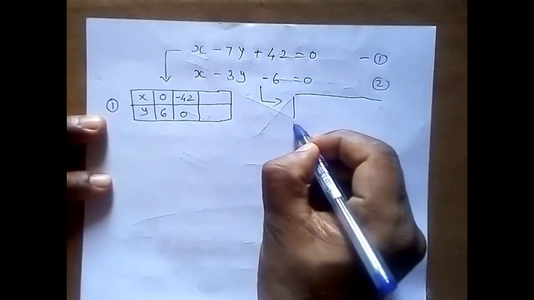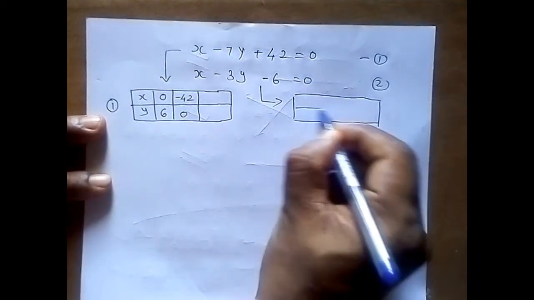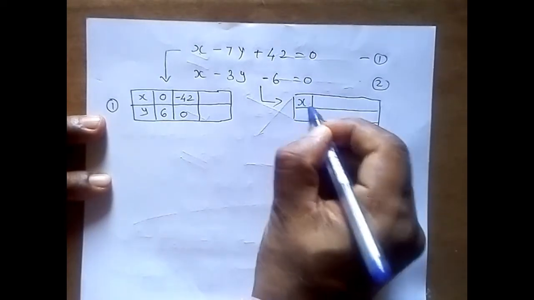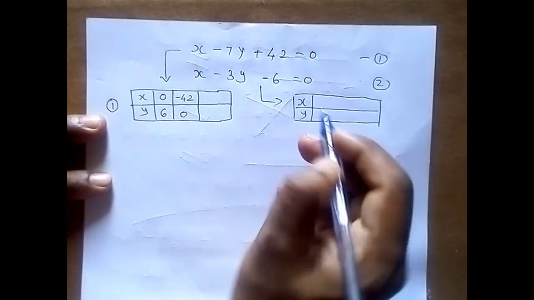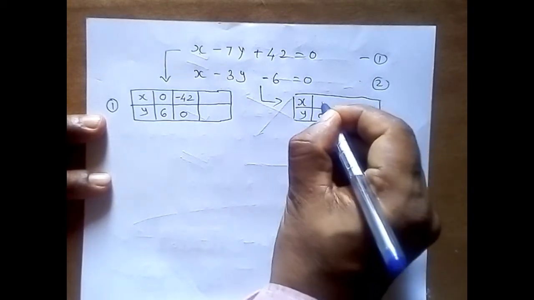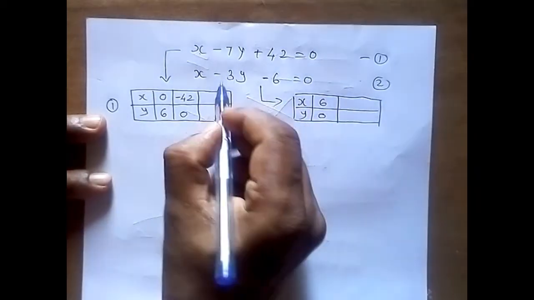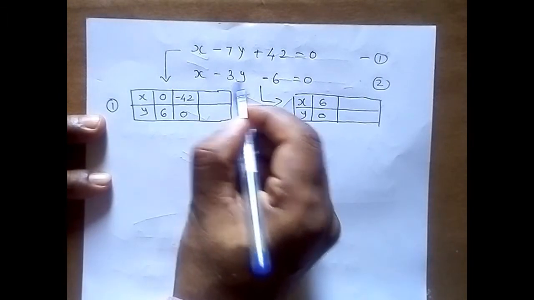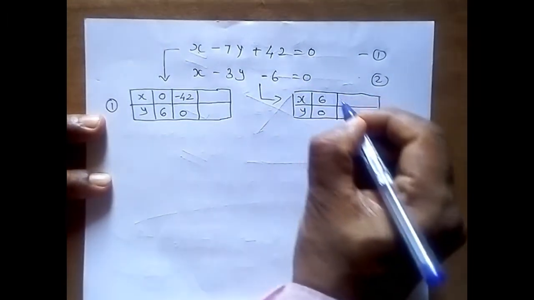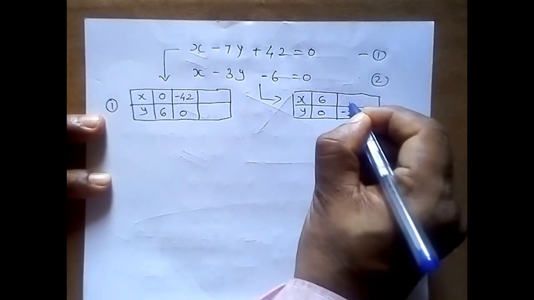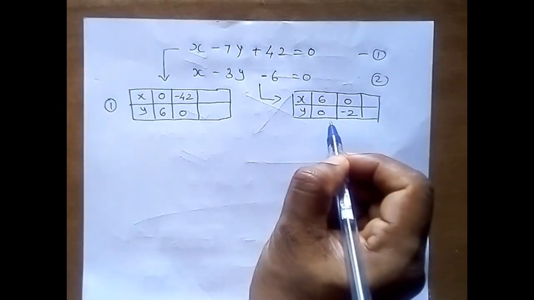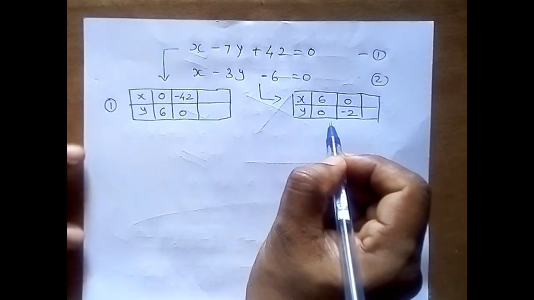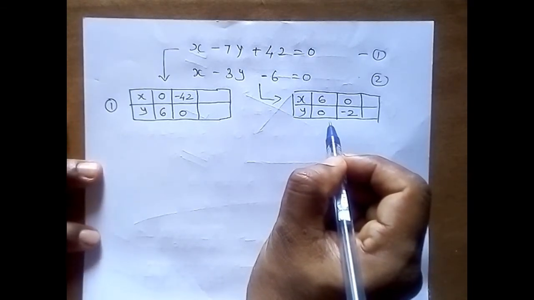Again we will tabulate x, y. When y is equal to 0, x is equal to 6. And when x is equal to 0, 3y is equal to minus 6, so y is equal to minus 2. Again we got 2 points so that we can draw the line in the graph. With this information, we can plot the graph.